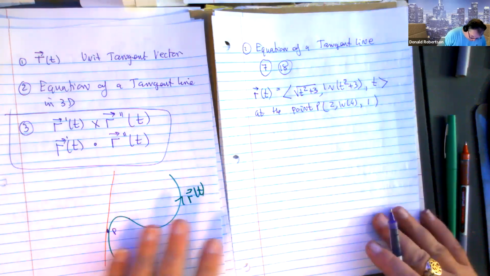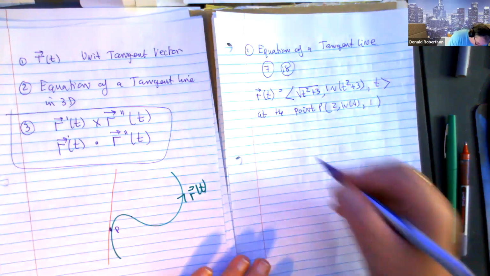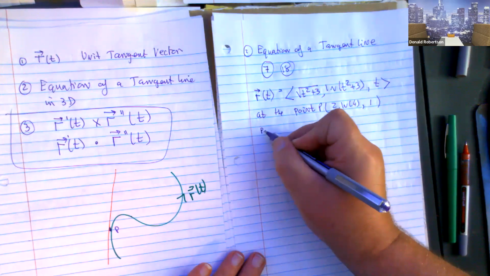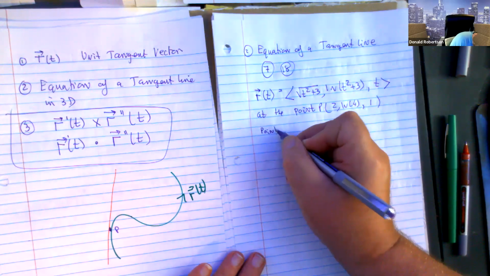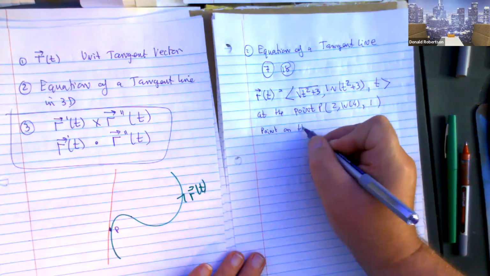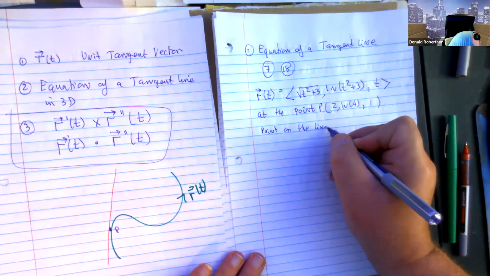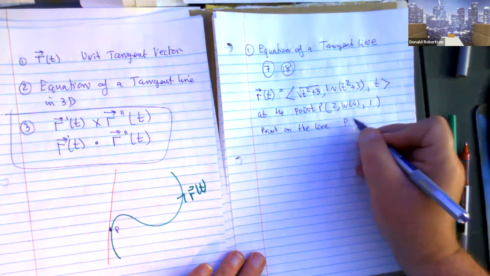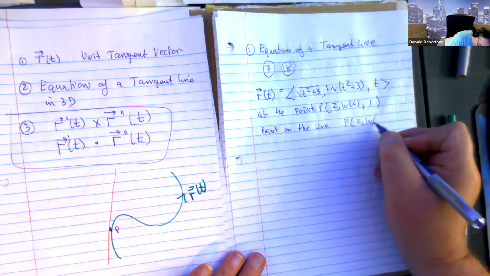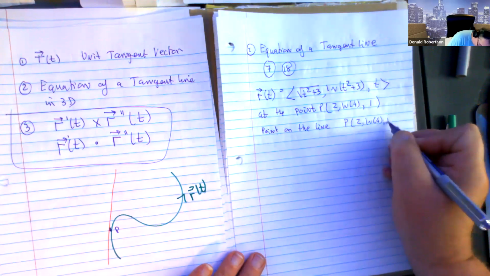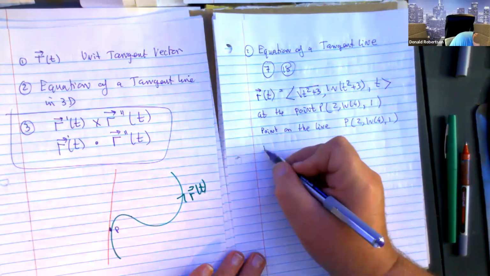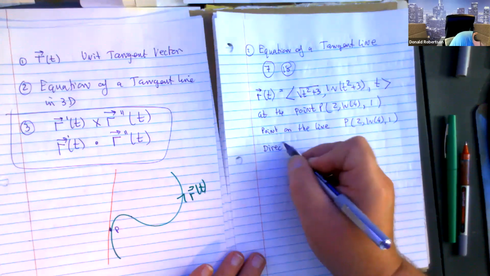To find the equation of any line, including this one, you need two things. You need to have a point on the line, which is pretty much that guy. So I don't need to go looking for it. And you need to have what's called the direction vector.